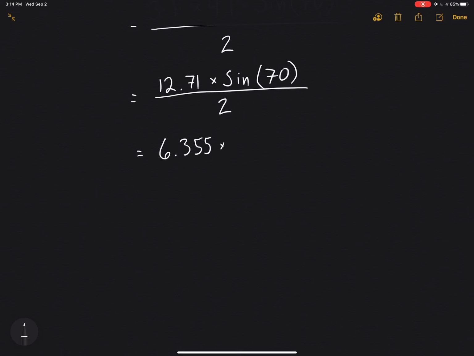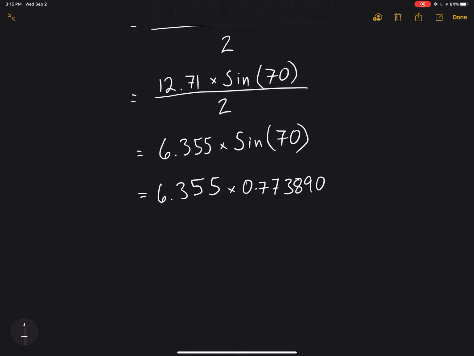6.355 times sine of 70, which is the same as 6.355 times 0.7738906, which simplifies down to 4.918 meters square.